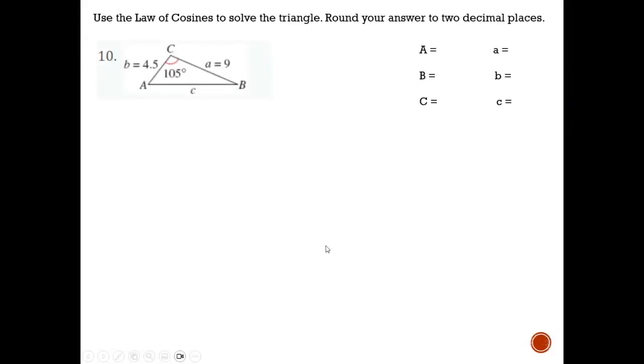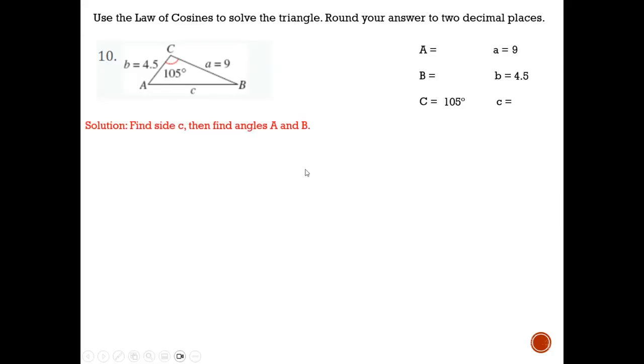Here's another one, law of cosines, because we have C, 105, we have little a, 9, and we have B. We don't have a pair, so we can't use law of sines.